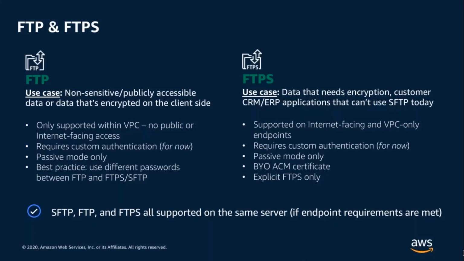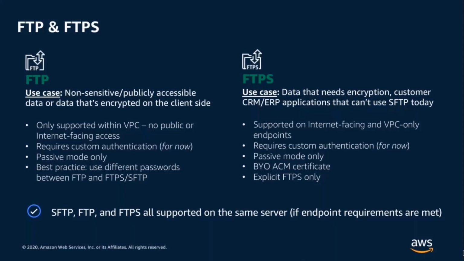In order for FTP to work, you need to use the custom authenticator, which means that you need to integrate an existing identity management system so that you can use username and passwords for FTP access. Only passive mode is supported, and we recommend as best practice that you use a different set of credentials between FTP and more secure protocols like FTPS and SFTP.